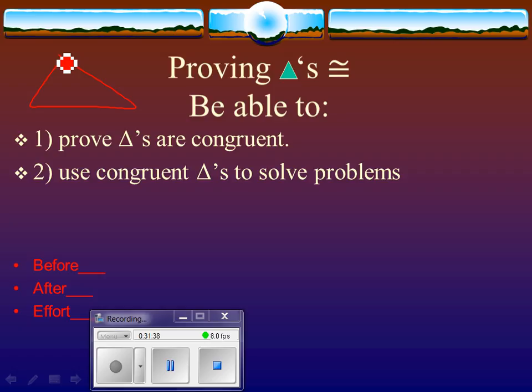If I tell you this triangle is congruent to this triangle, then they have to match up perfectly. That's the only shape that really works out that way. We don't usually try to prove some octagon is congruent to some other octagon. It's mostly with triangles because we use them so much in building and different things.